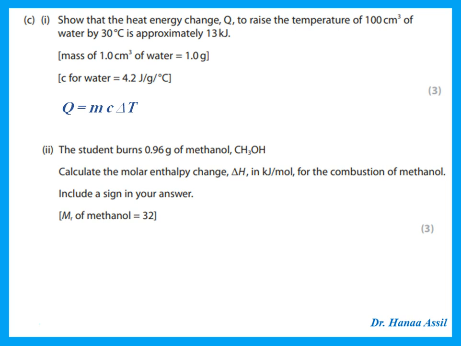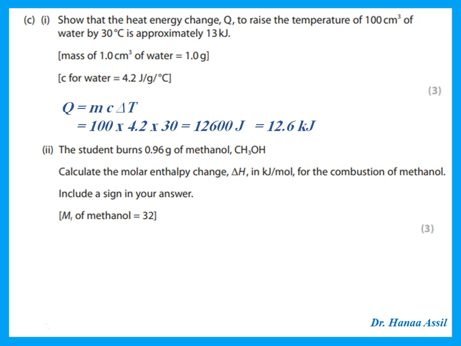What is m? m is the mass of water, and we said that is the same as its volume because the density of water is 1. So the mass of water is 100 grams times c, which is 4.2, times the ΔT, which is the temperature change. This gives the energy in joules.